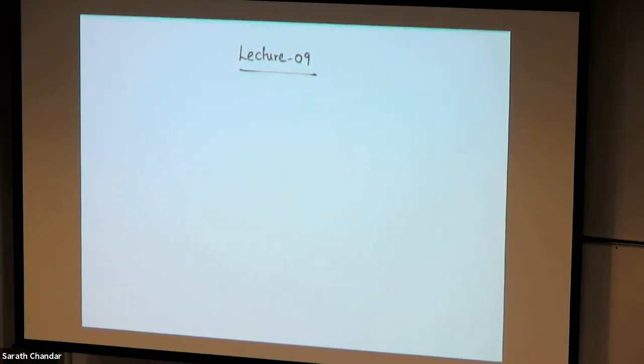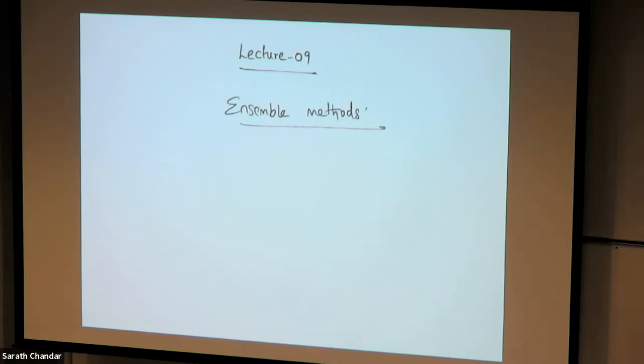Let's get started. So last week, after discussing decision trees, we started talking about ensemble methods, right? Specifically, we looked at 2 types of ensemble methods. Can somebody tell me what they are?